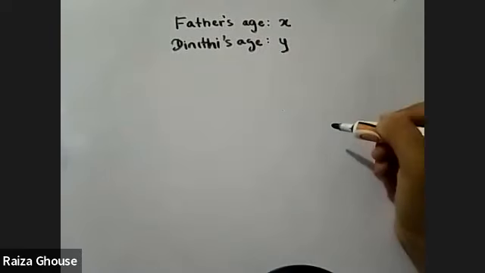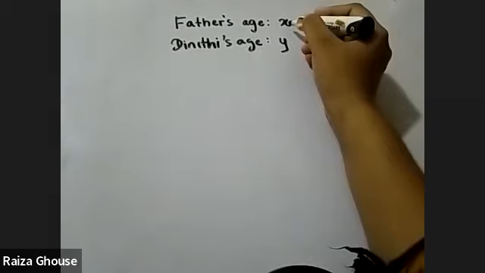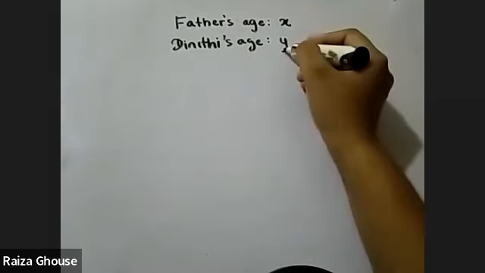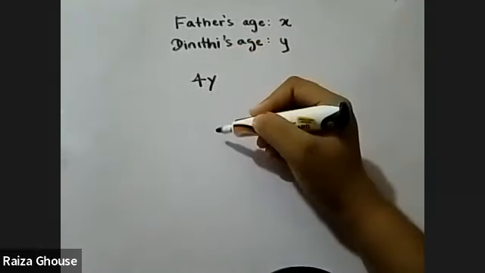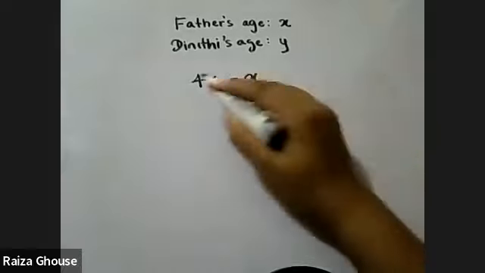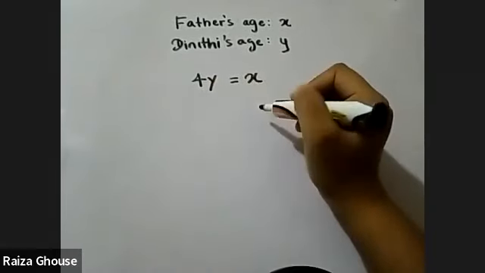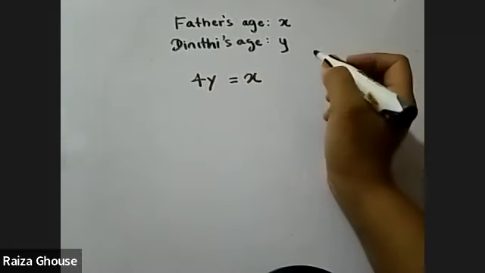So my age, meaning father's age, is 4 times your age. That means 4y. 4y is x. My age is now 4 times your age. 8 years earlier.